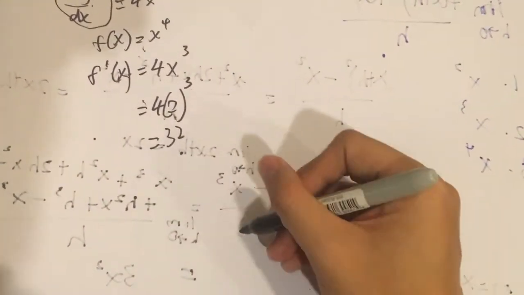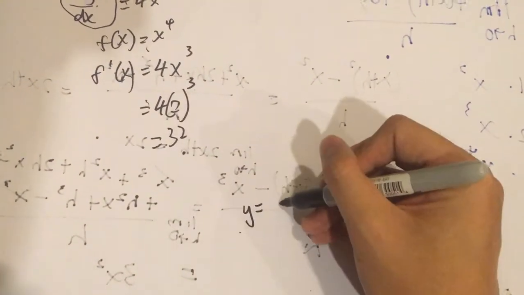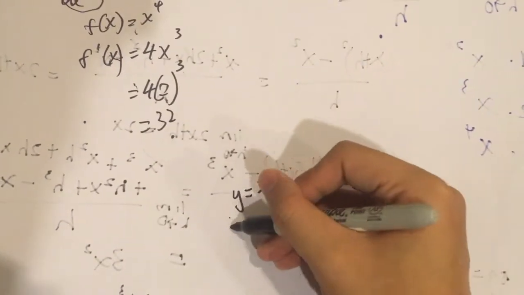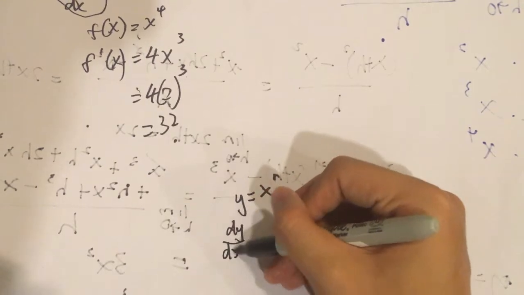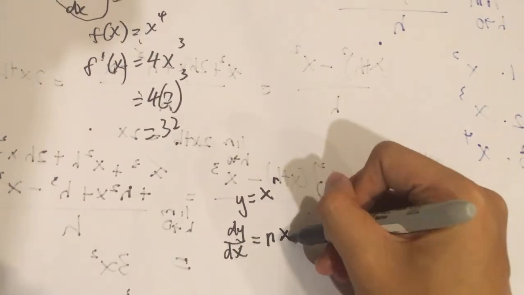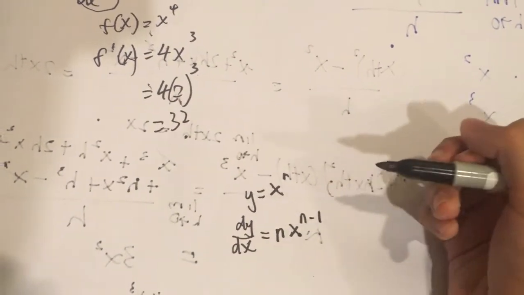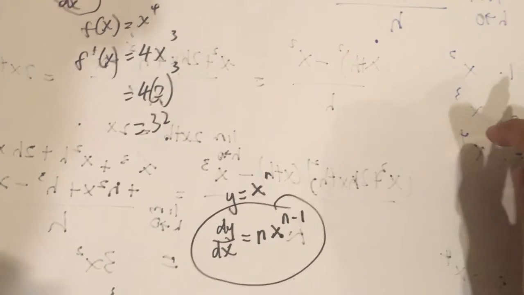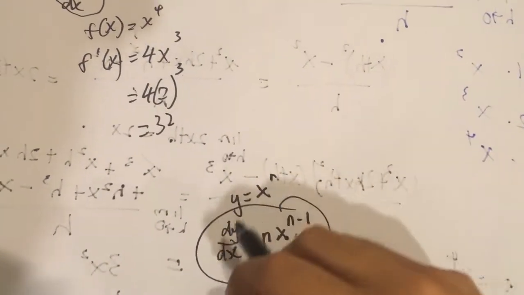So if y is in the form x to the n, the derivative is the power brought down, times x, to the power of n minus 1. That is basically the power rule.